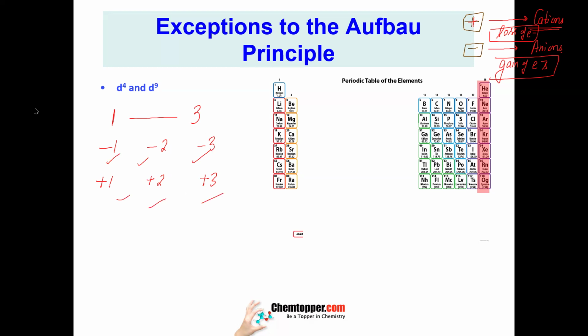Can you tell me whether the first family would like to gain or lose, and how many? They want to go to the nearest noble gas configuration, like lithium. Its configuration is helium 2s1. So what would lithium like to do? Would it like to lose an electron or gain an electron? How many, Shreya?